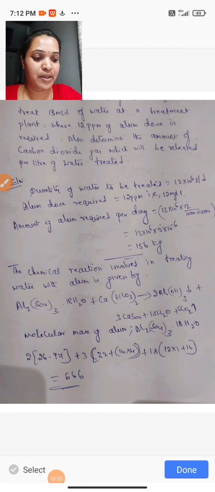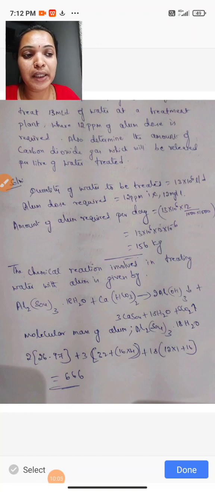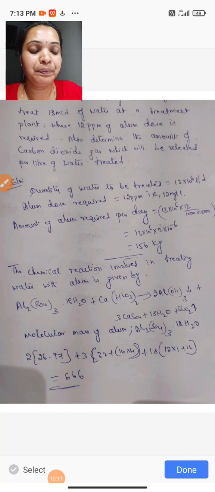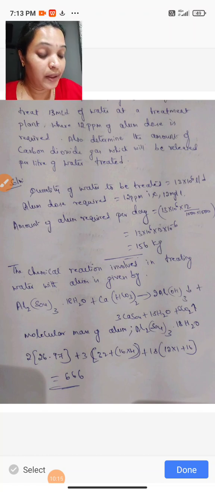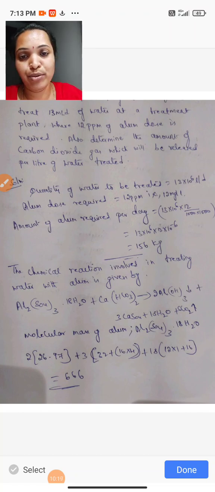Okay, the first we have to find out how much quantity of the alum is required to treat the 13 million liters of water. So that is 156 kg of alum is required to treat the 13 million liters of water. Okay, the first one is clear.